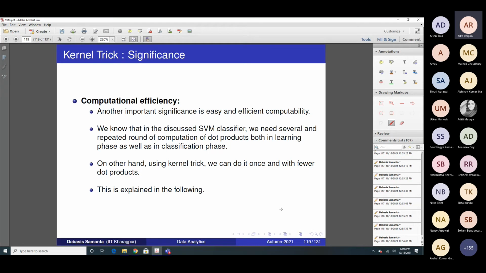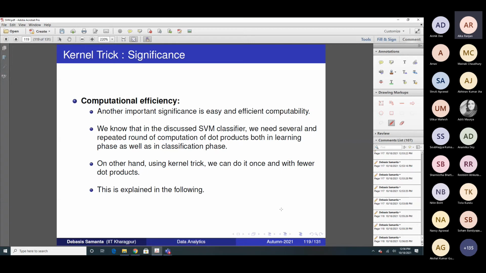First of all, what is the advantage of having this kernel? Already you have noticed that one advantage is that we don't have to do the actual transformation that needs to be done so that the nonlinearity can be addressed. So we don't have to do any nonlinear input mapping like this.